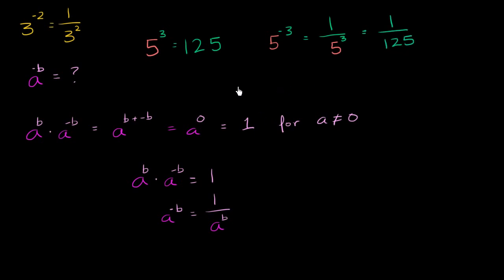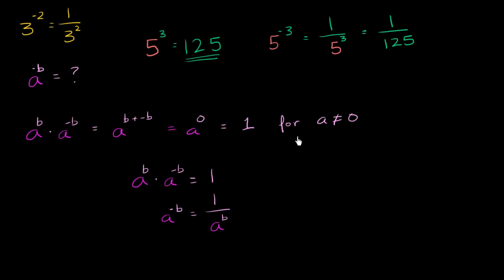So this is really interesting. 5 to the 3rd was a reasonably large number, while 5 to the negative 3 wasn't a negative number, it's still a positive number, but it's a very small number. It's 1/125th.